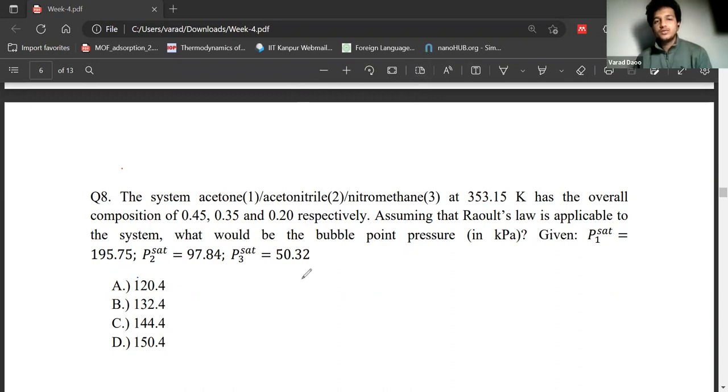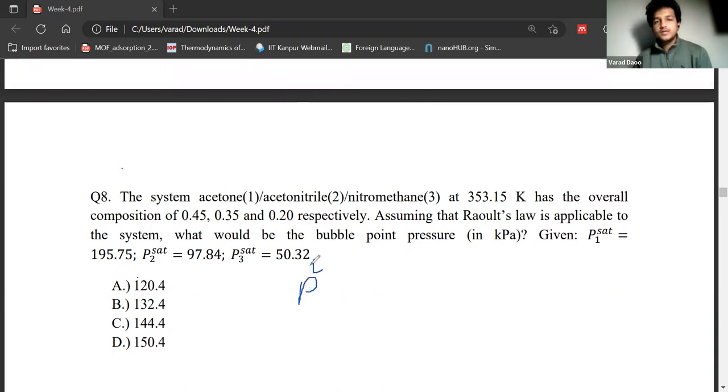What you basically have to do is, total pressure is nothing but the sum of partial pressures: P1 bar plus P2 bar plus P3 bar.